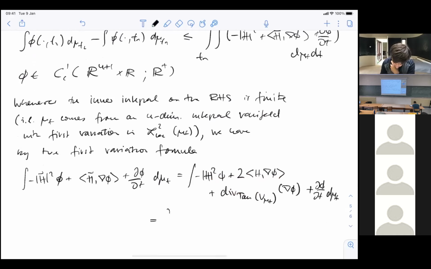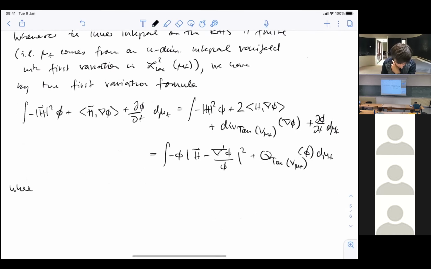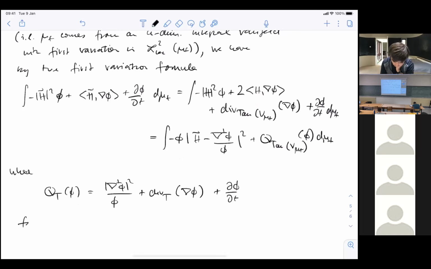Now we can write this as minus the integral of phi times the norm squared of mean curvature vector minus grad perp phi over phi, plus Q_t, where Q_t of phi d mu_t is defined as the gradient perp of phi norm squared divided by phi, plus the tangential divergence in this tangent space with respect to phi, plus d phi by dt, for any n-dimensional subspace T of R^{n+1}.